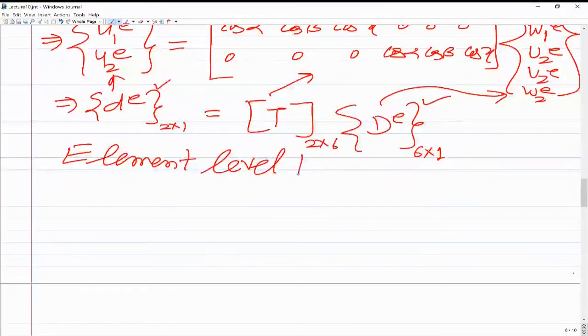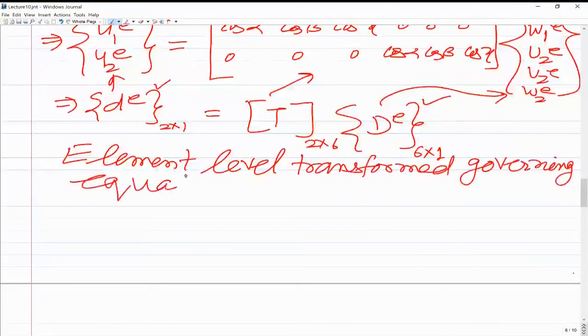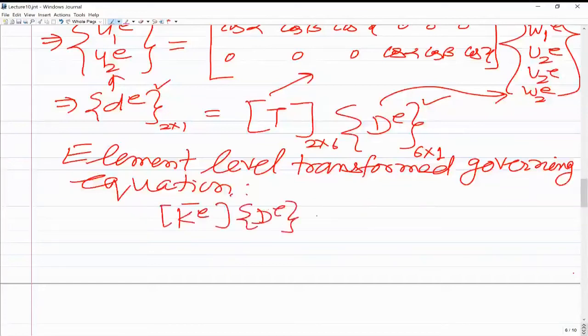So the element level transformed governing equation will be, basically with the same notation I am using, Ke bar into De is equal to, and we are assuming that there are no distributed forces in the element, so we have only this internal force F internal E.